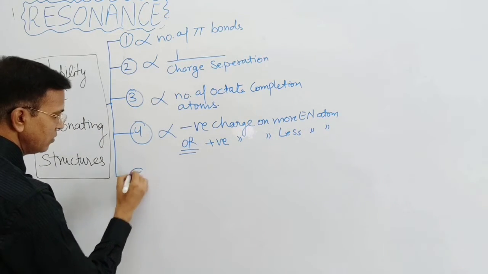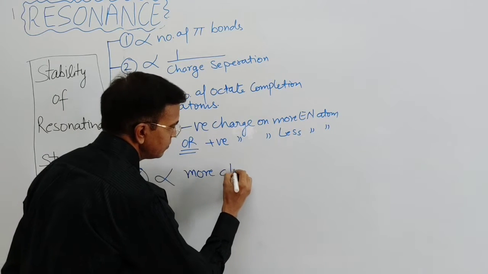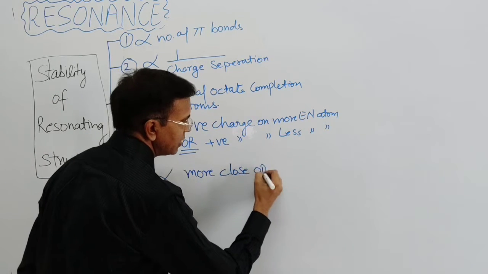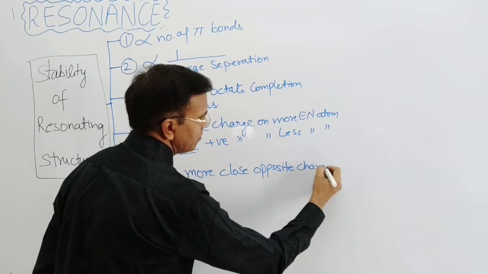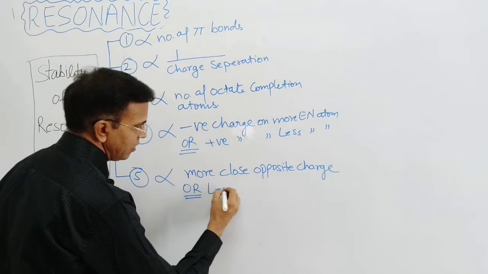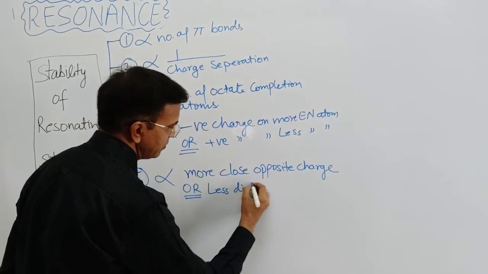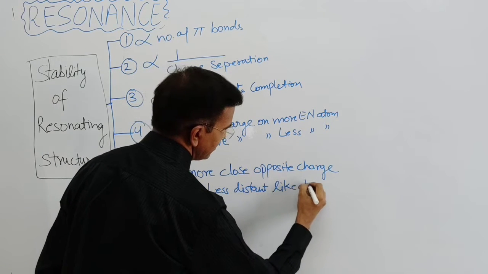Now the fifth one is directly proportional to more close opposite charge or less distant like charges.